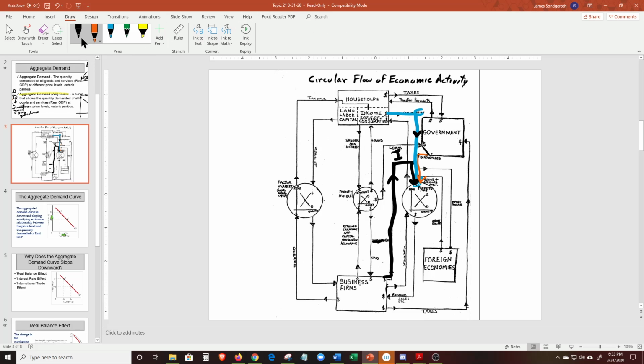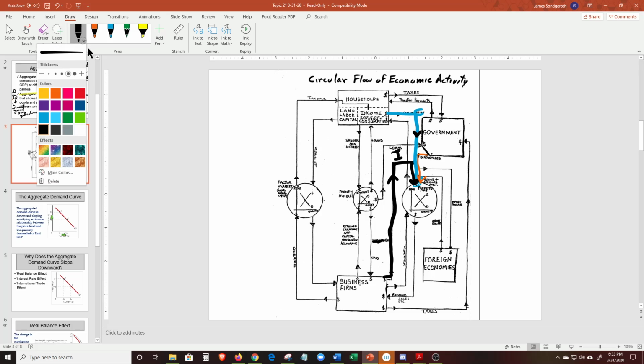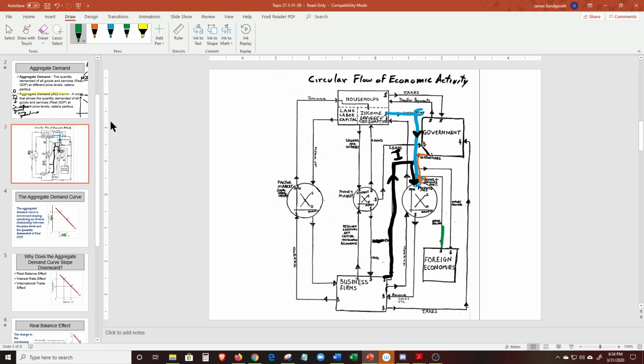Let's change this color to, how about green? And so foreigners buying goods, even raw materials like lumber or agricultural goods, are joining with these other three flows. These are all demanding things.